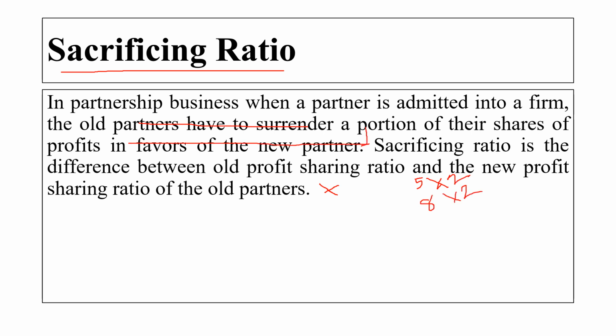Whenever a new person wants to come into the partnership, the old partners have to surrender some portion of their share of the profit, because the new partner will also get some amount of the profit. Sacrificing ratio is the difference between the old profit sharing ratio and the new profit sharing ratio of the old partners.